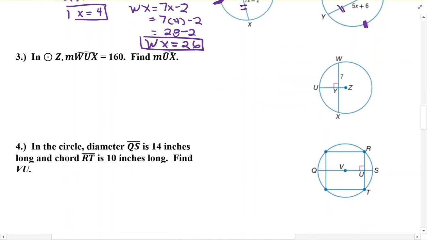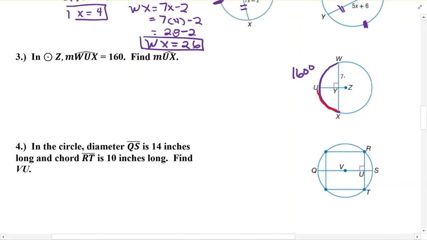And the next problem, we're told in circle Z that the arc WUX, which is this arc here, is 160 degrees. We want to find the measure of arc UX.